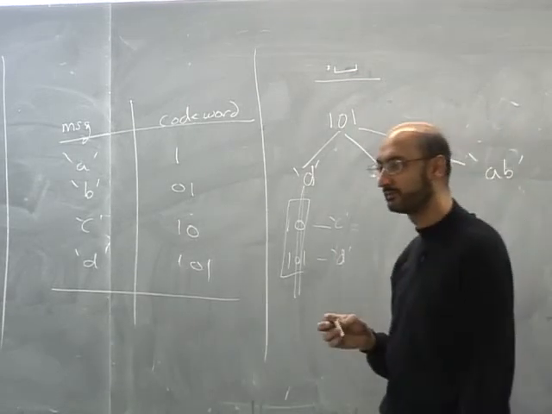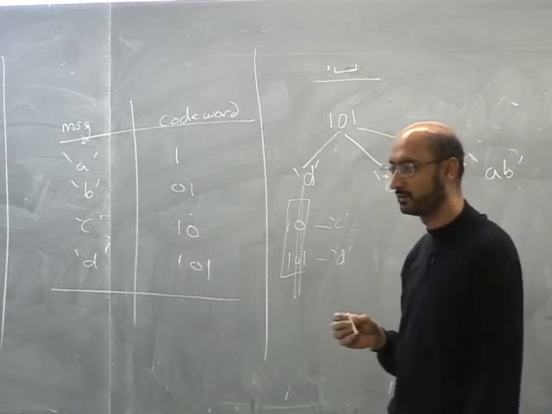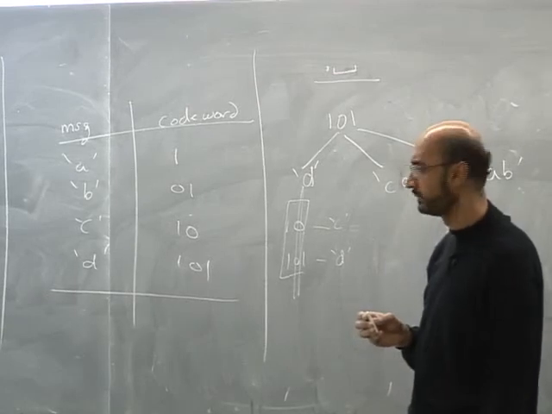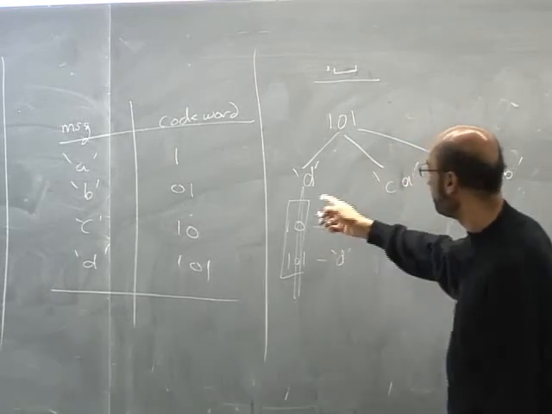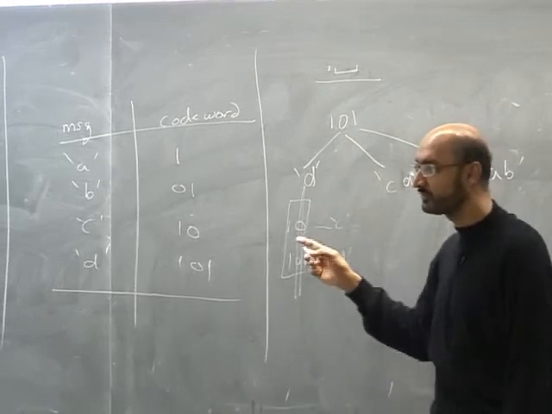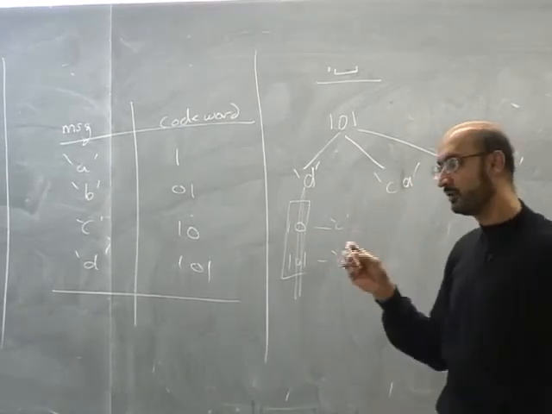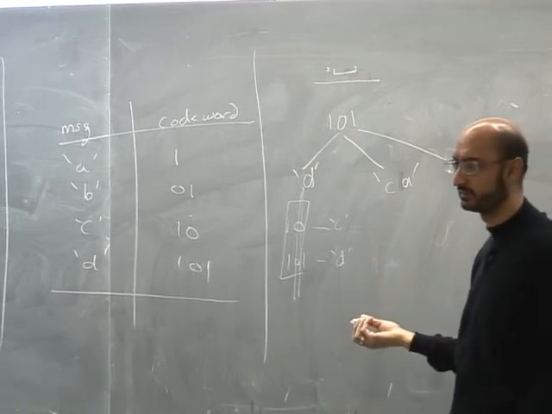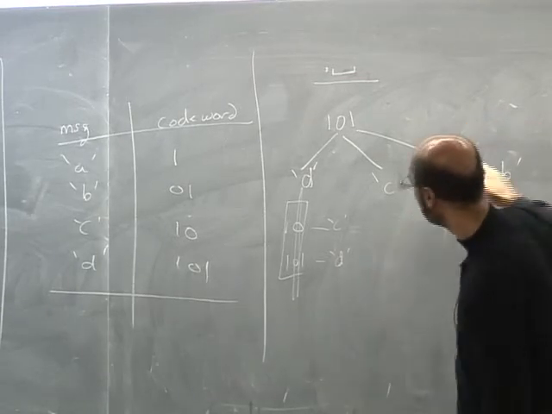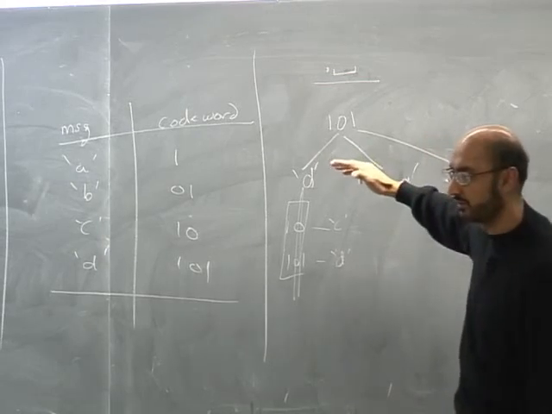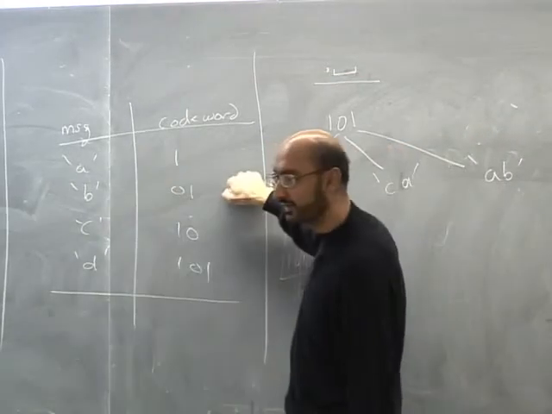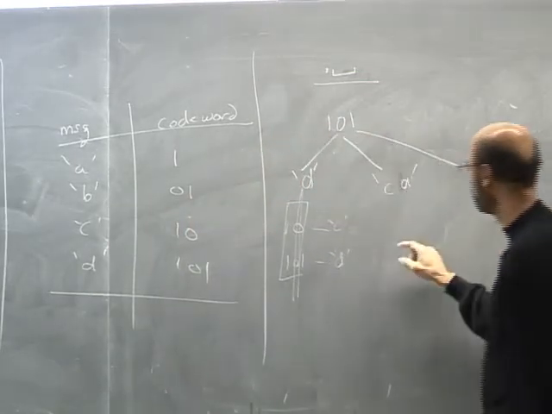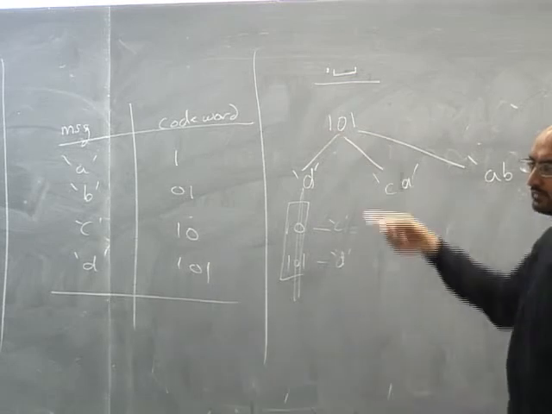Yes? So how do you define unambiguous? Unambiguous means that there is no code string that can be interpreted in two ways. I'm going from right to left. Clearly at this level it's unambiguous. A is 1 and B is 0 1. However, I can find a code string, 1 0 1, for which I don't know what to do.